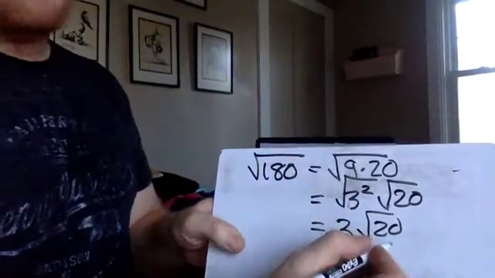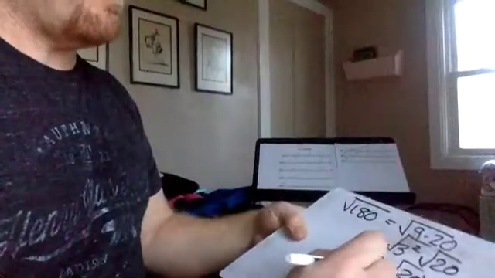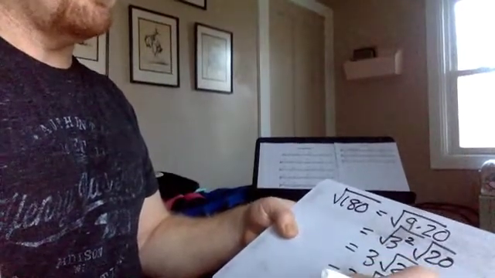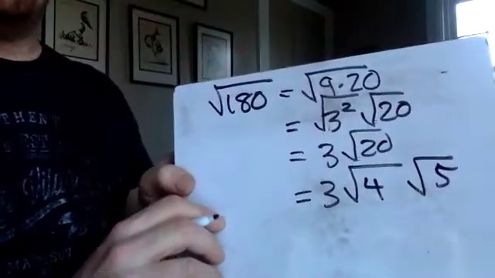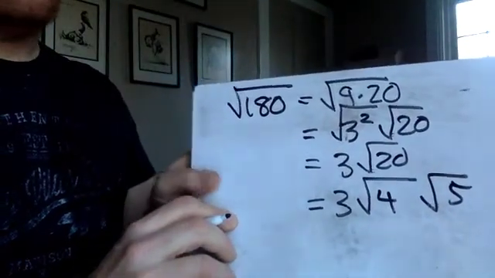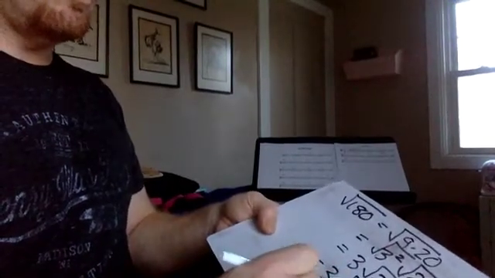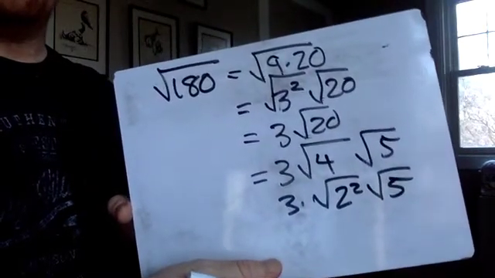But the square root of 20 can be simplified further, because if I rewrite the square root of 20 as a product of 4 and 5, I can do something with 4, right? 4 is 2 squared. So 3 times the square root of 2 squared times the square root of 5.